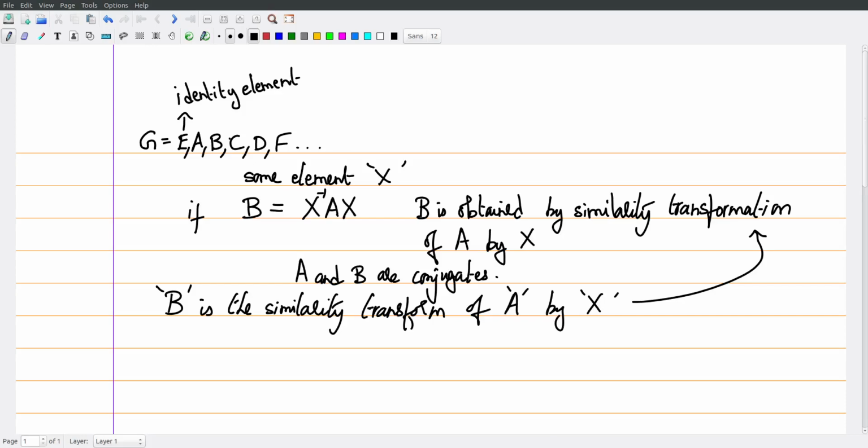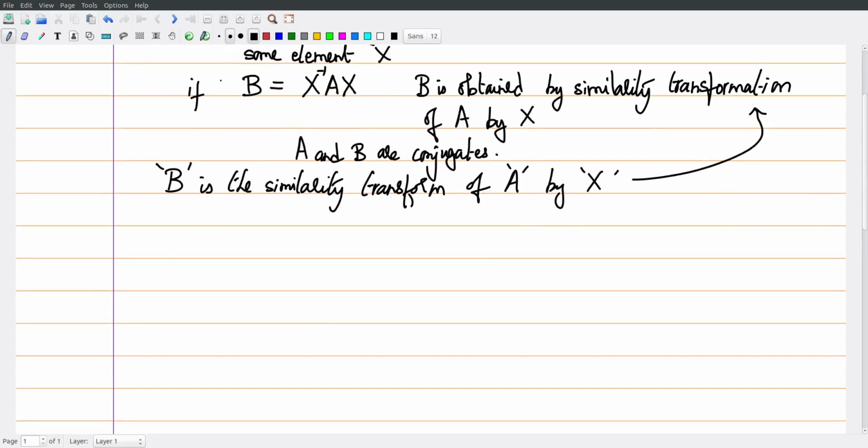So now we will look at some of the properties of conjugate elements.